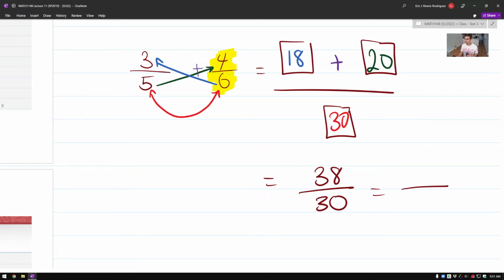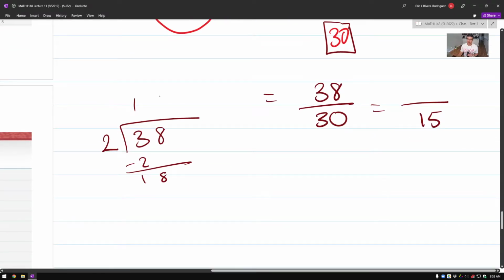Both are even, so we can start by dividing both by 2. 30 divided by 2 is 15. 38 divided by 2, let's see, it's 19.